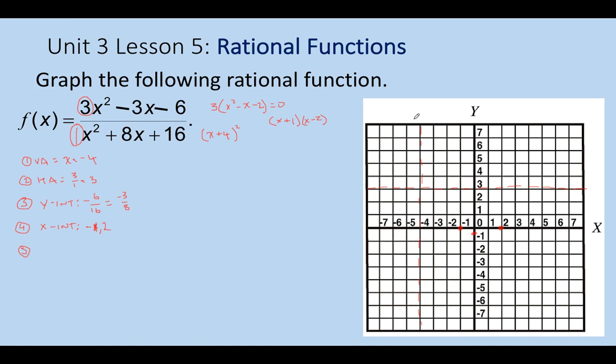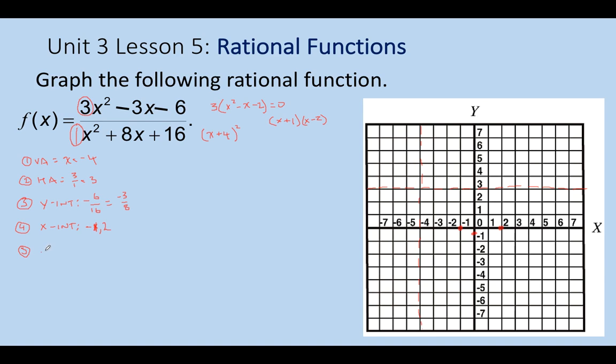Sometimes it'll be just a horizontal asymptote for one and not the other part. So what we're going to do is take our horizontal asymptote, which is 3, and we'll just see if this whole thing works out.